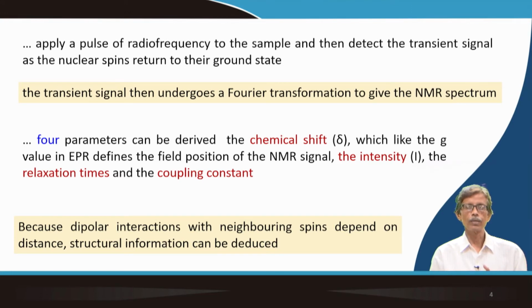Try to remember, do not forget at any time that here we are talking about the nuclear spins only. They depend on the distance, and the structural information can be deduced from the spectral measurements with the help of this type of spectroscopy.